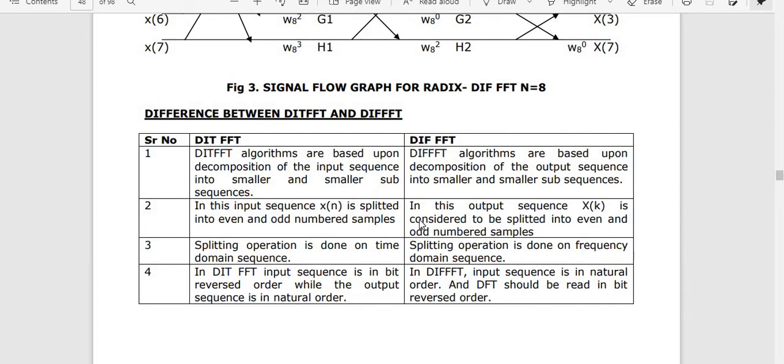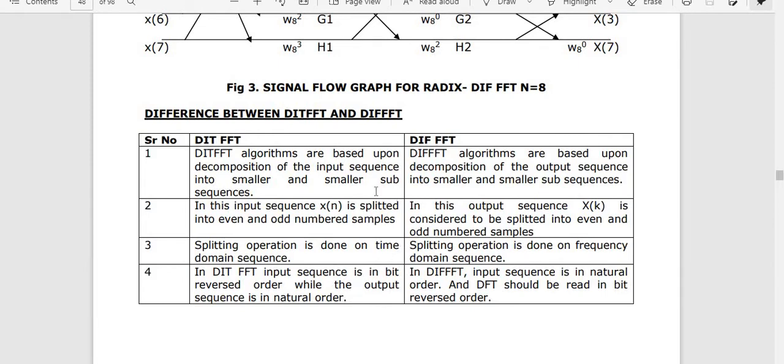Whereas in DIF FFT, the algorithm is based upon decomposition of the output sequence, not the input sequence. Here we are considering the decomposition of the output sequence into smaller subsequences. So if you decompose the input, that is DIT FFT, decimation in time fast Fourier transform. If you talk about DIF FFT, it is decimation in frequency fast Fourier transform. So these two we have to see.